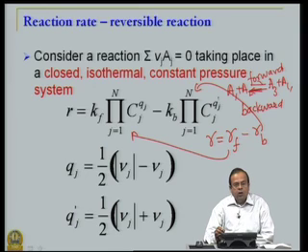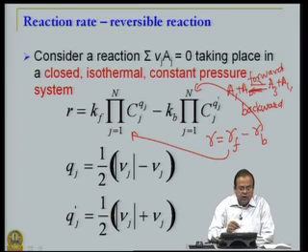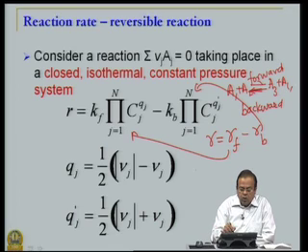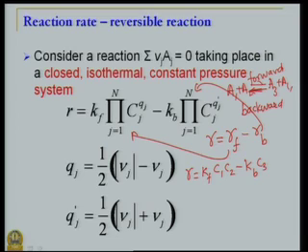Once again, law of mass action kinetics is a special case where Qj is half of mod nu j minus nu j, and Qj prime is half of mod nu j plus nu j. If you take the same reactions A1 plus A2 going to A3 plus A4, I can write for law of mass action kinetics Kf C1 C2 minus K backward C3 C4.